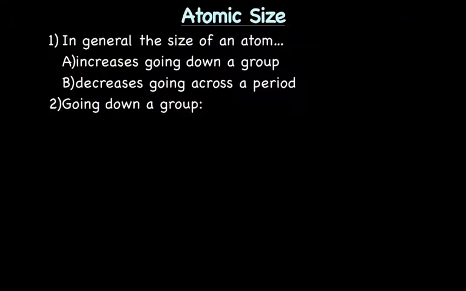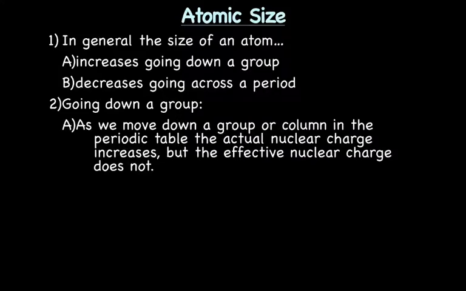Okay, so going down a group. As we move down a group or column in the periodic table, the actual nuclear charge increases, but the effective nuclear charge does not, which means there is actually no increase in the effective nuclear charge.